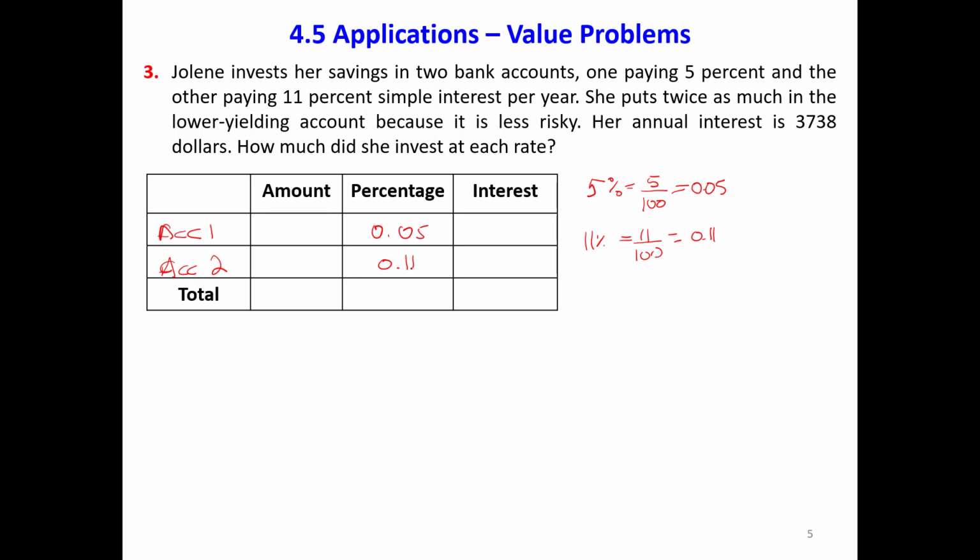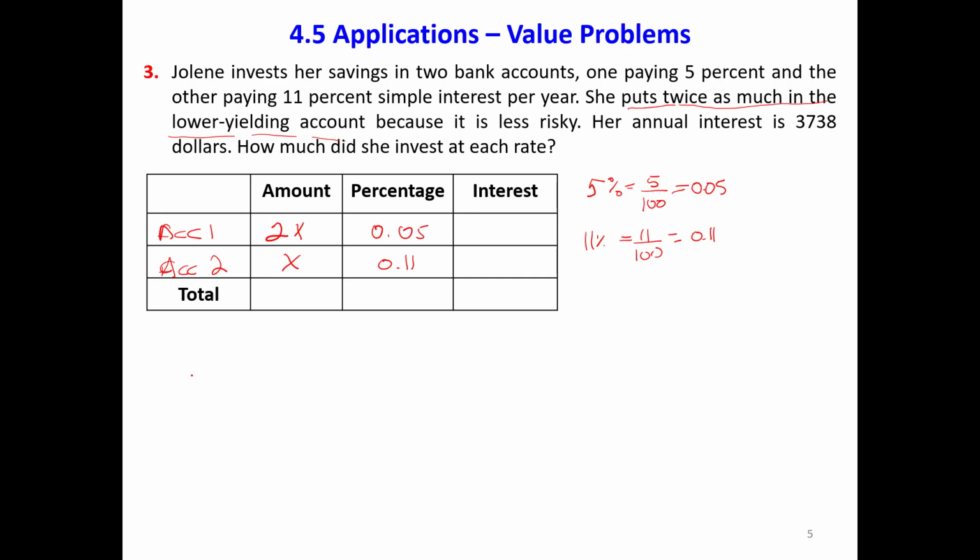Using this information, she put twice as much in the lower yield account. That means if she puts x amount in the first one, in the lower interest, she put twice, 2x. Yes, 2x.